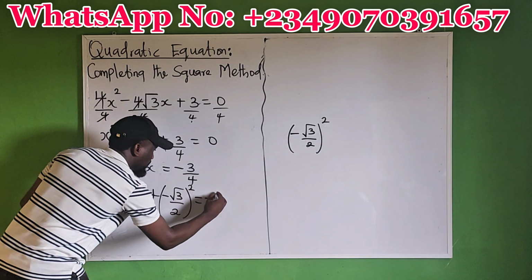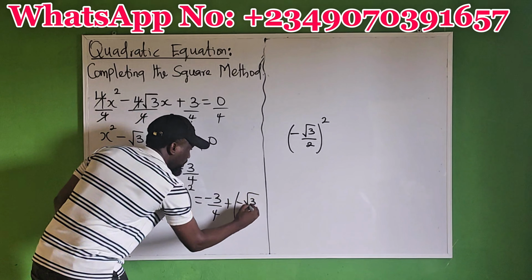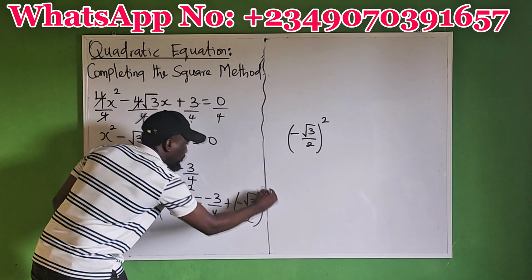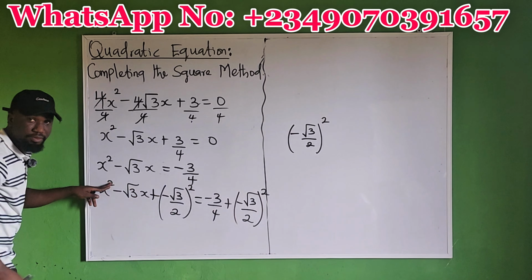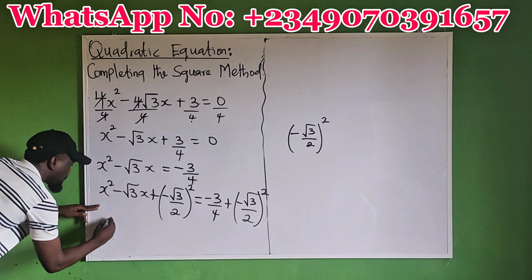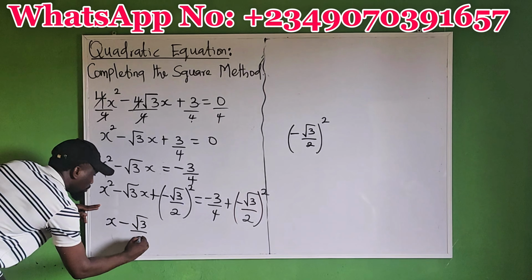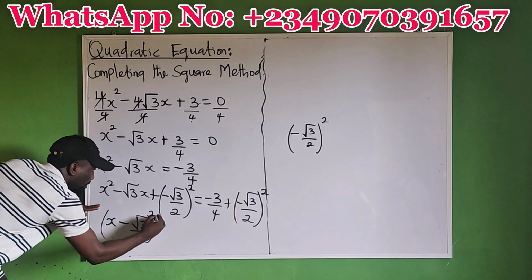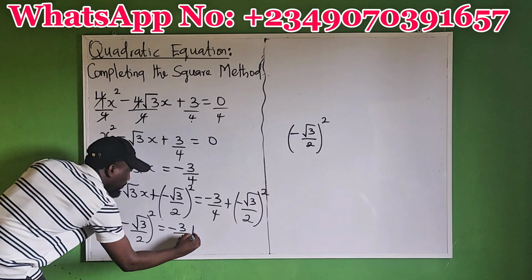It is equal to minus 3 over 4 plus negative root 3 over 2 all squared. So let's pick the terms. We have x minus root 3 over 2 all squared is equal to negative 3 over 4 plus the squared term.